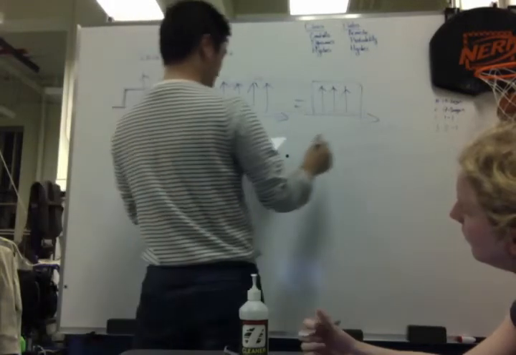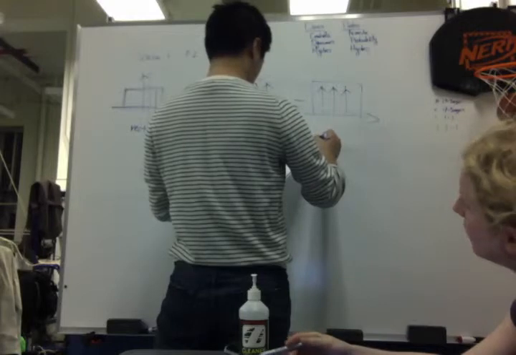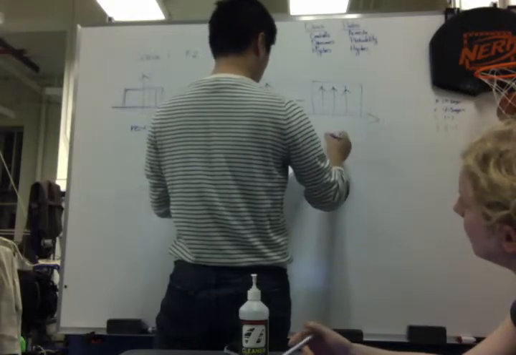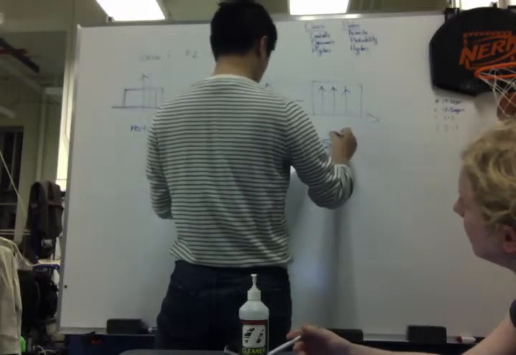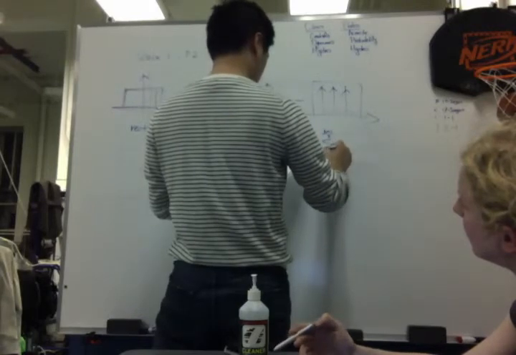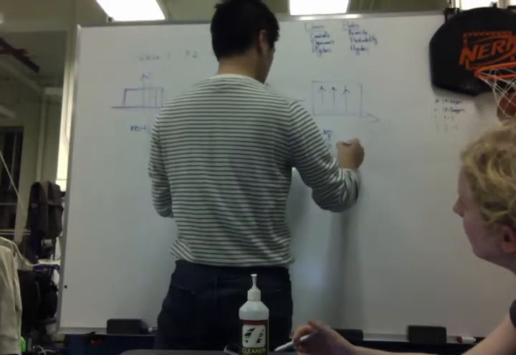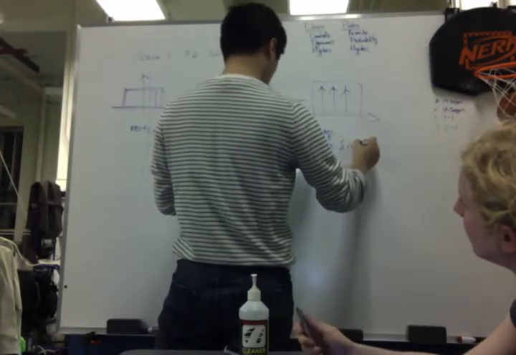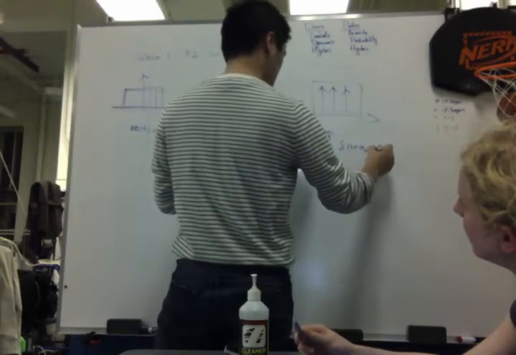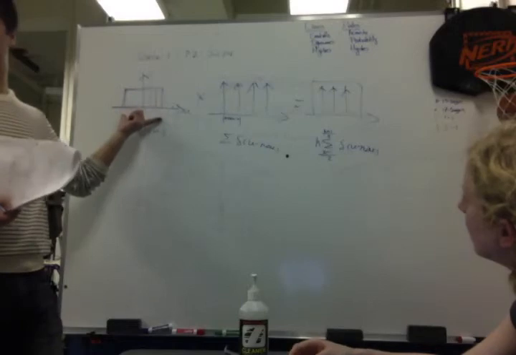And what we have here is the summation, n minus 1 over 2. So basically what it does is set a range.